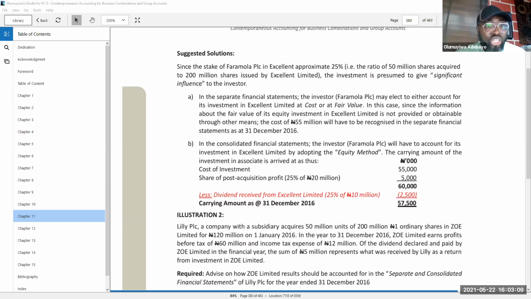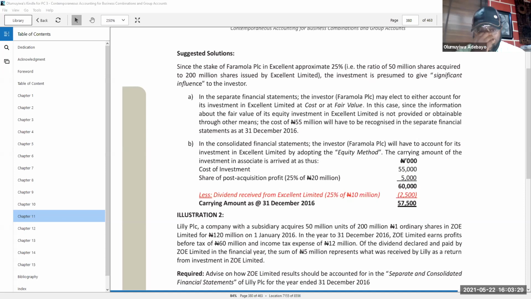These are the results of the investee, Zoe, and we are saying exactly how will you account for the results in your own financial statement as an investor? Okay, I get it clearly now.